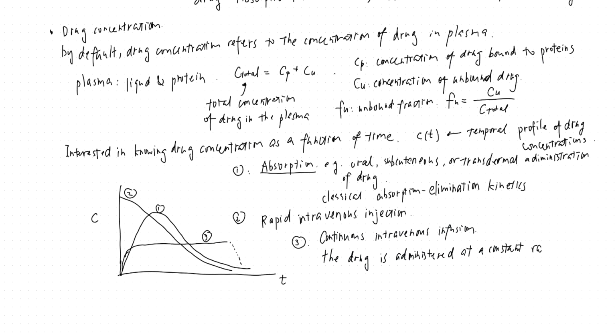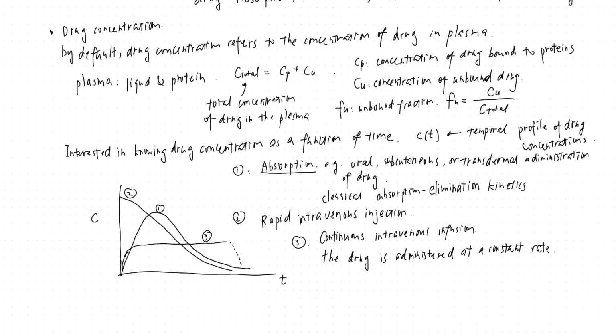So if you think about the body as a control volume, then the influx is what comes in from the intravenous infusion. The outflux is what is secreted or eliminated through the kidney. At steady state, the in rate and out rate should be the same.